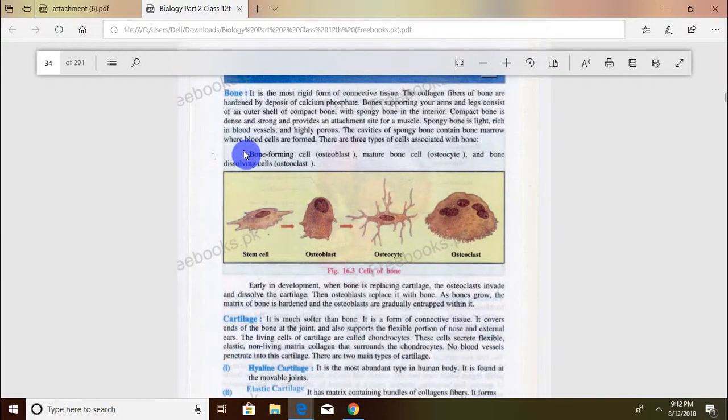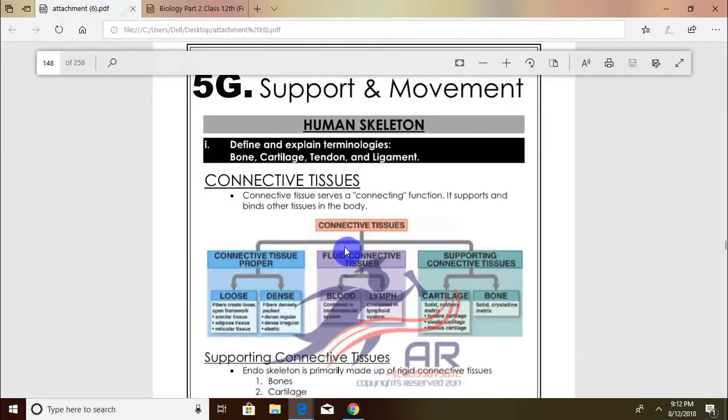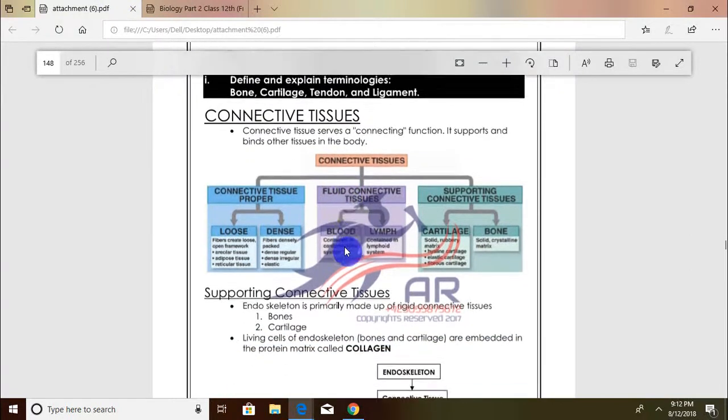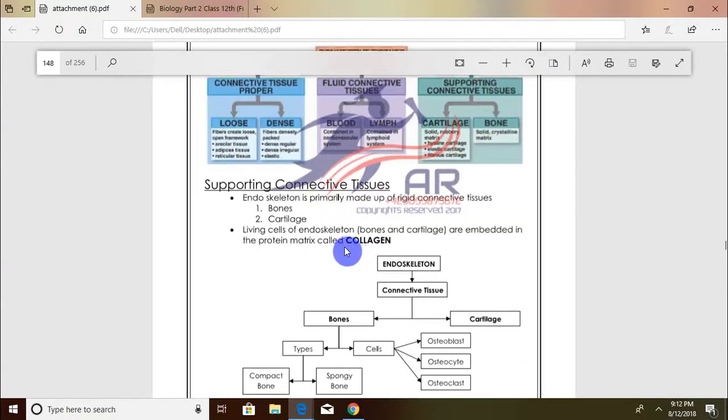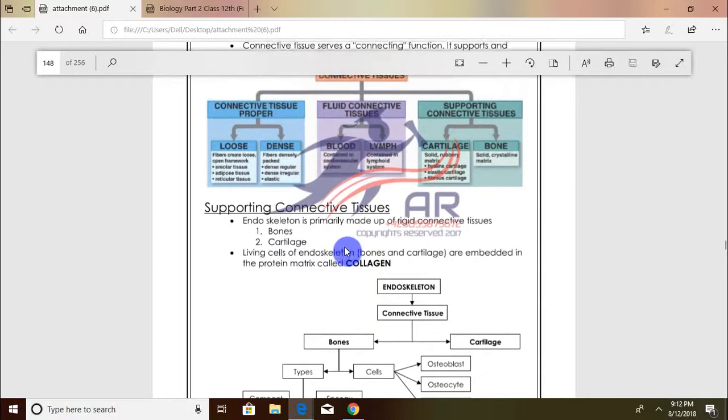And another thing is that bone has two parts. There is the outer part, which is the compact bone, and then there is the inner part, which is the spongy bone, and these have different properties.